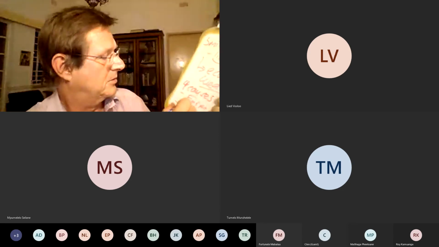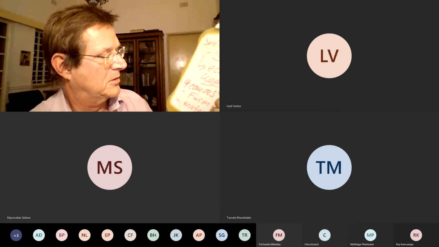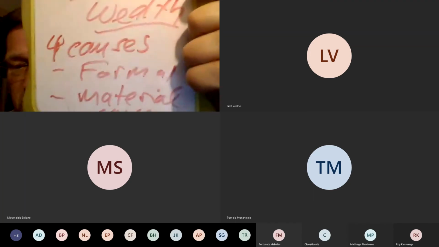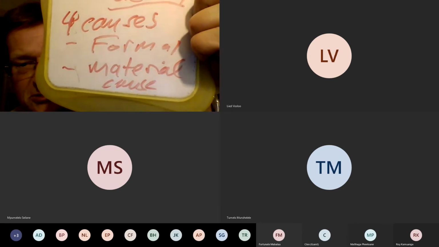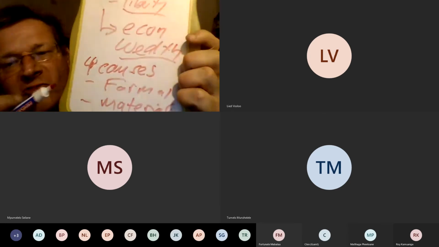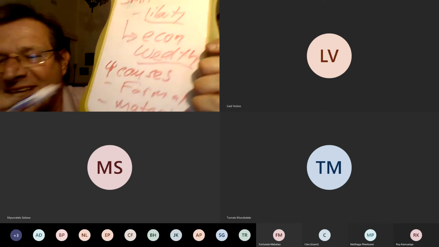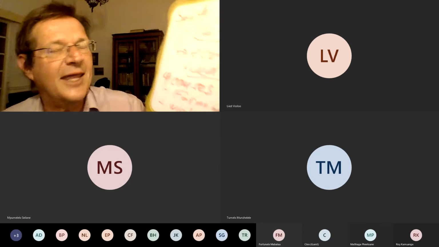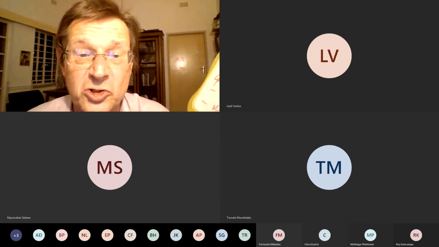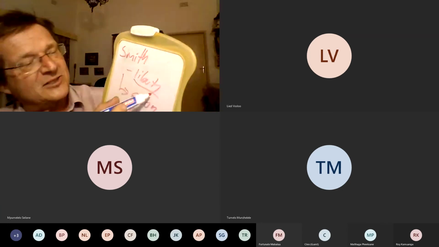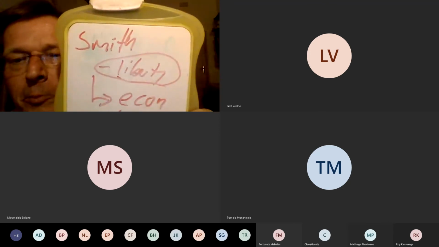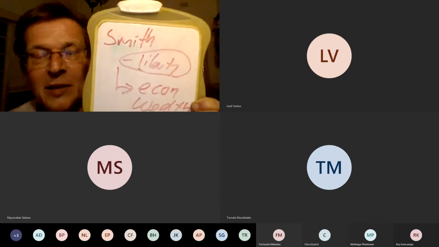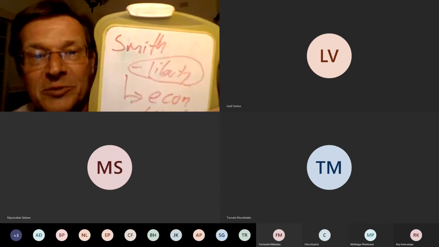And so production, if you like, would now be the material cause, the things that have been produced for the enjoyment of the goods that have been produced. And then the efficient cause will relate it to liberty, some agent, somebody who makes decisions, and their liberty comes in.